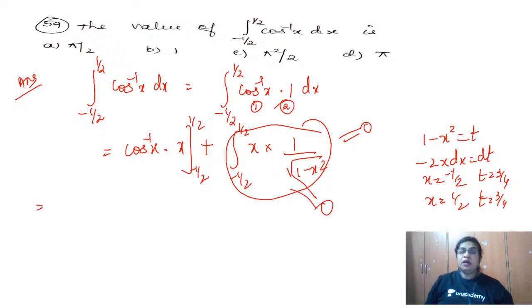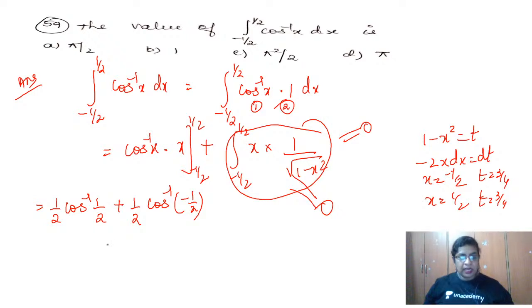So substitute the values. So what is that value you are going to get? First upper limit, half cos inverse half minus of, so minus of, you're getting plus here half into cos inverse of minus half. And what is cos inverse of minus x? It is pi minus cos inverse x. So it is pi minus cos inverse of half.